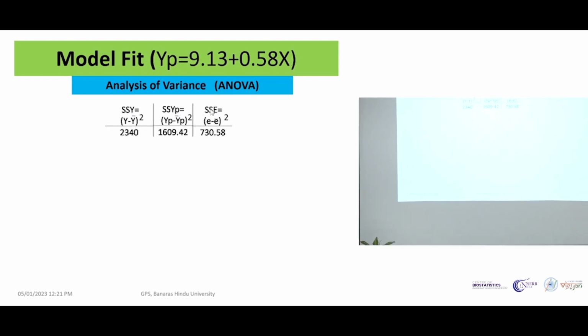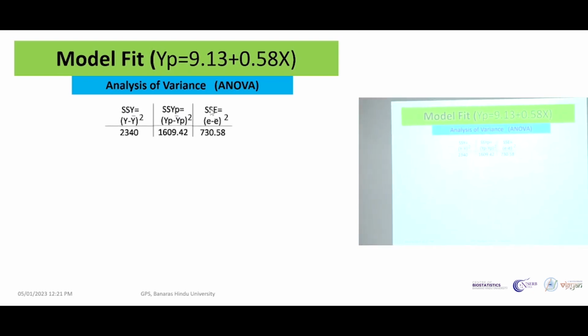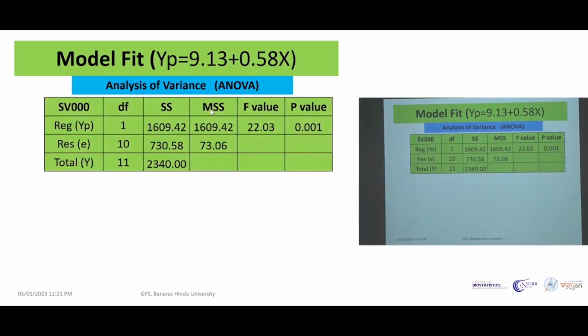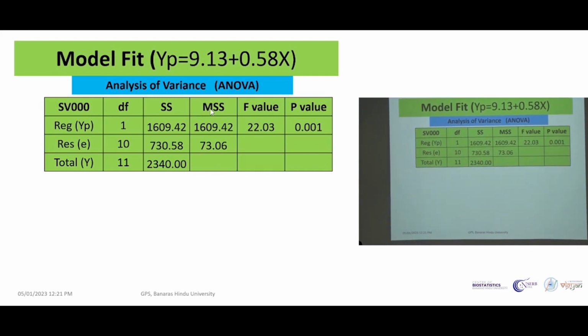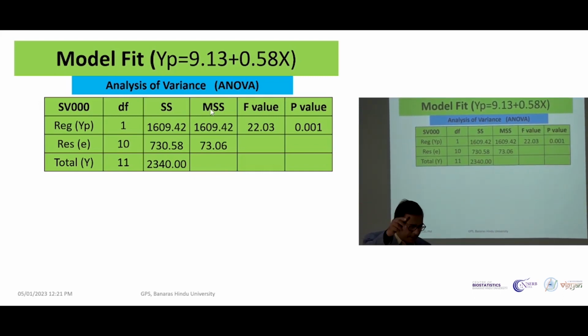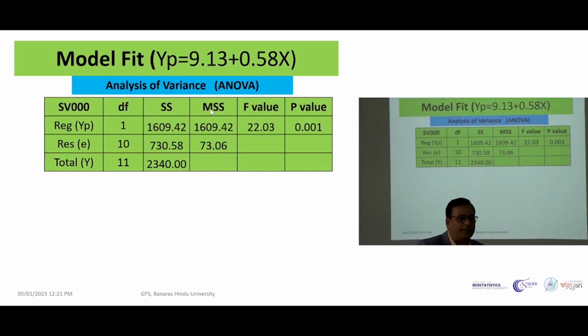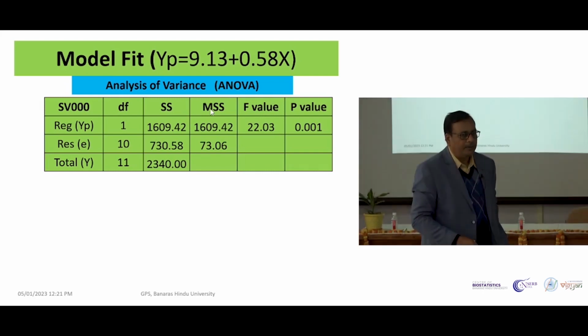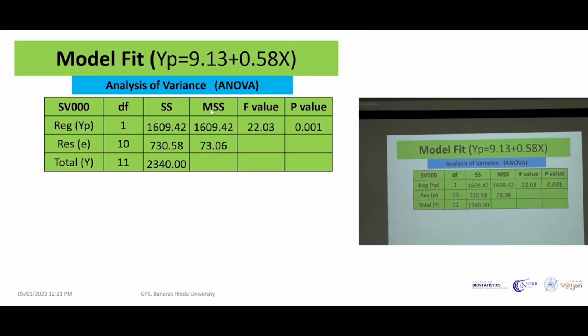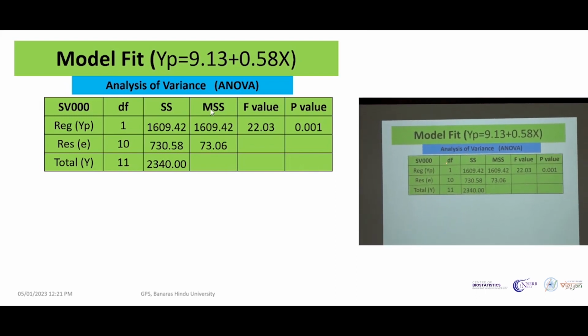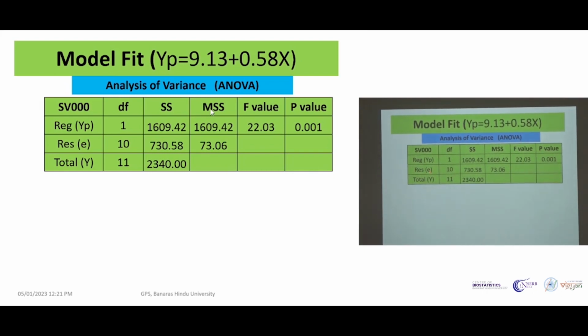So we put these three values in tabular form. Number one, source of variation. What was the reason of variation in the value of the dependent variable? So one was x, that is called regression, and then residual.